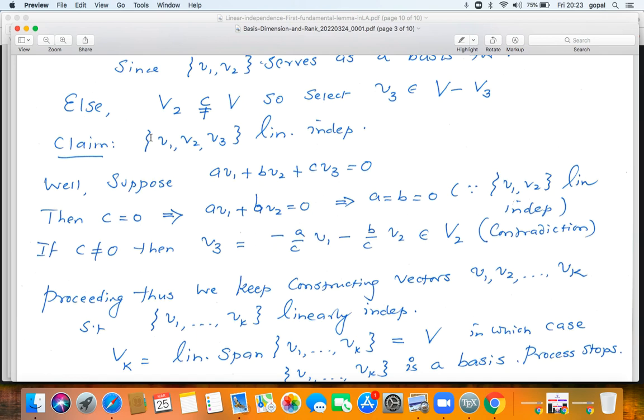Now look at the linear span of V1, V2, V3. If the linear span of V1, V2, V3 is the whole of V, then the three element set serves as a basis. Otherwise, pick an element outside that.